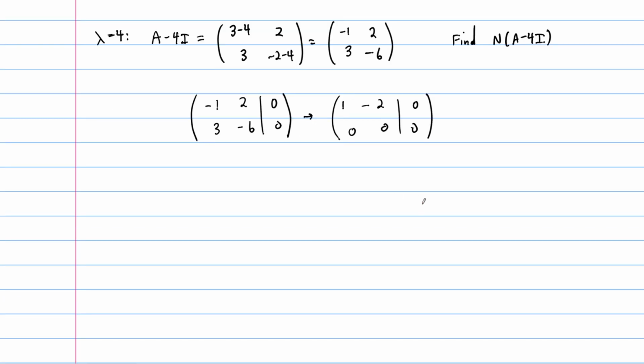All right, and so then what does that mean? Well, notice that now there are infinitely many solutions to this system. So we just need a basis. Eigenvectors are of the form, in this case we can say x2 is free, so we'll say alpha, and x1 is equal to 2 alpha, right?